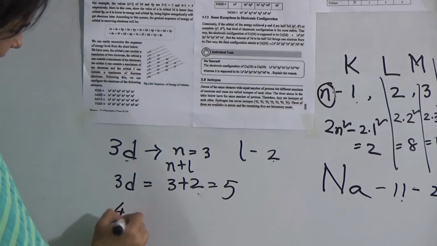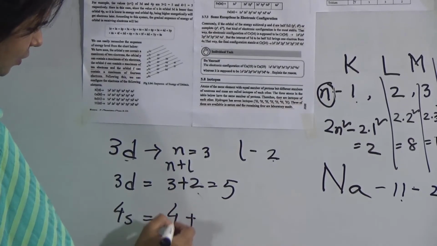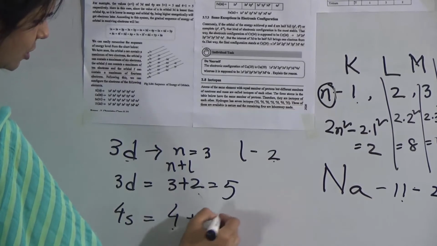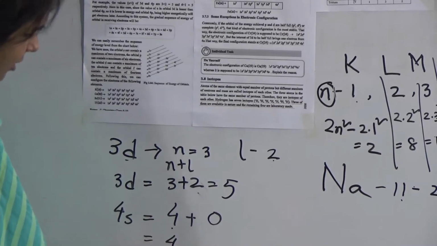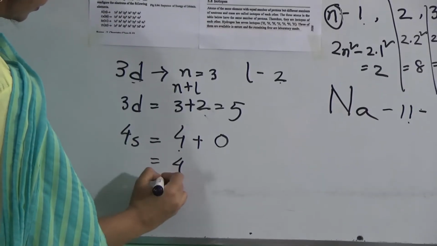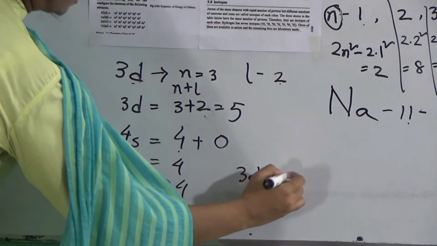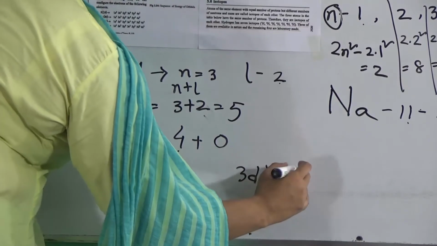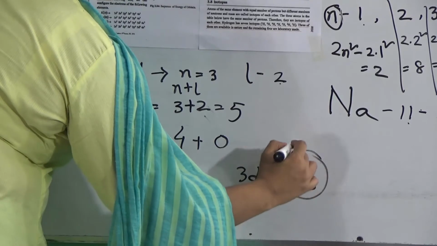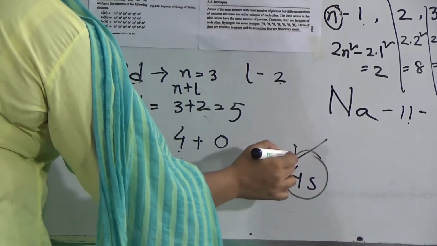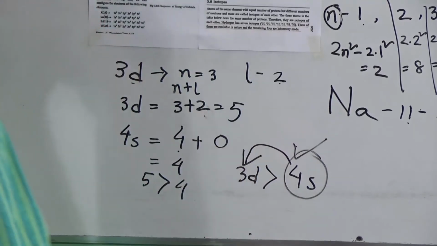Again, come to 4s. Here n is equal to 4 and l is equal to 0. That means 4. Here 5 is greater than 4. That means the 3d energy level has more energy than 4s. That's why the electron enters 4s first. Then after filling this up, the electron goes to the 3d orbital.